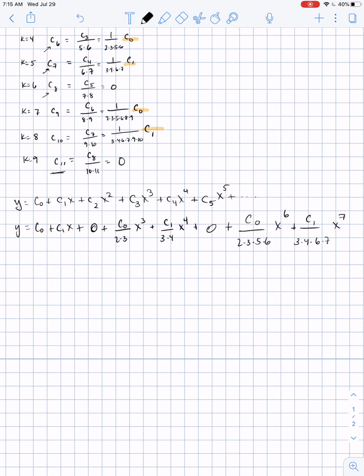And then you get another 0, and it'll be C sub 0 over 2 times 3 times 5 times 6. And then this will be x to the 9th. And then the last one I'll put in there is the x to the 10th term. So 3, 4, 6, 7, 9, 10.